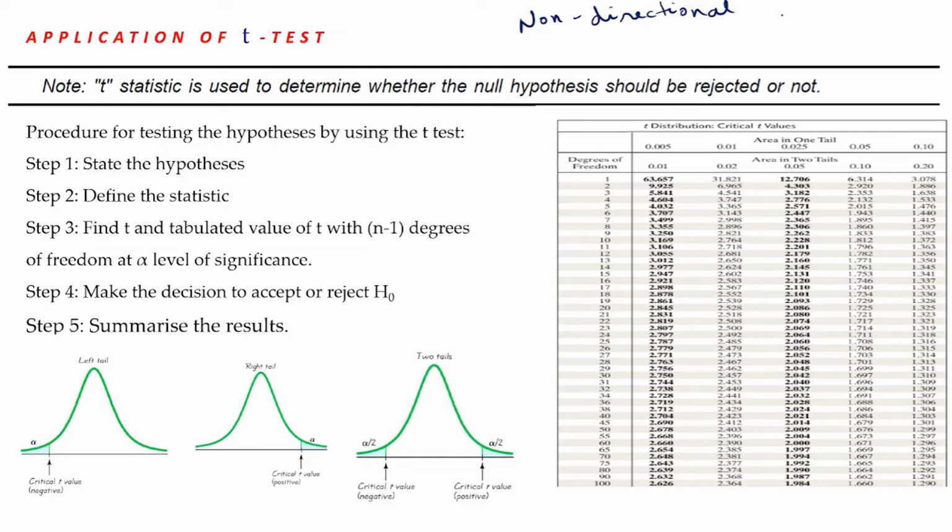It means if we take H naught as mu equal to mu naught, then the alternate hypothesis H1 is mu not equal to mu naught. In a non-directional hypothesis, we have to use the two-tail t-test.